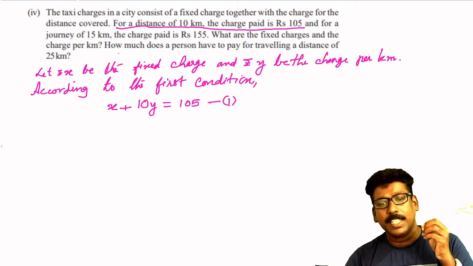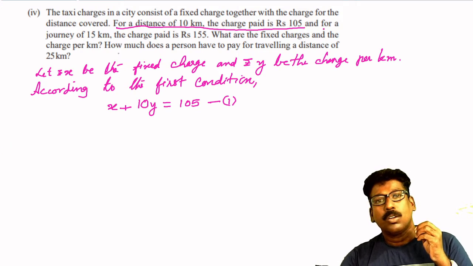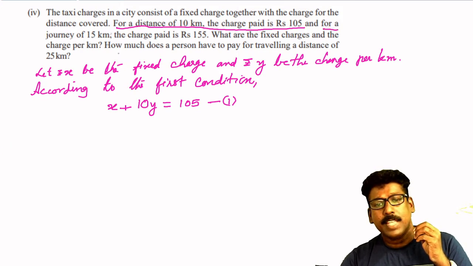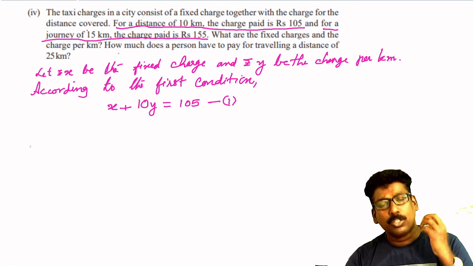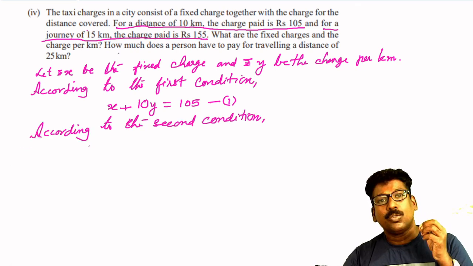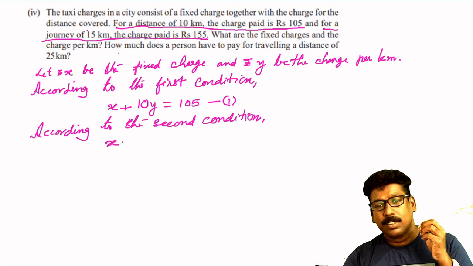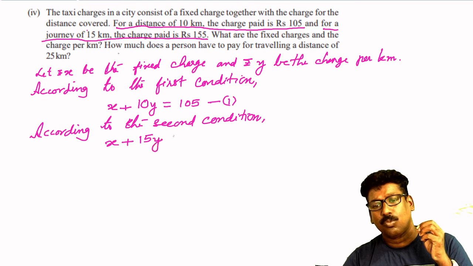Now the second condition is for a journey of 15 kilometers, the charge paid is 155. That means according to the second condition you can write fixed charge is x plus for 15 kilometers charge is 15y, which is equal to 155.